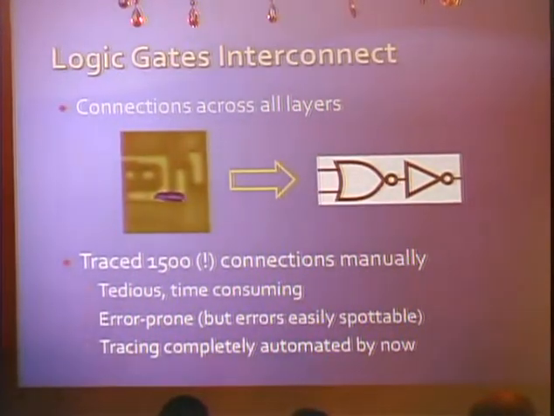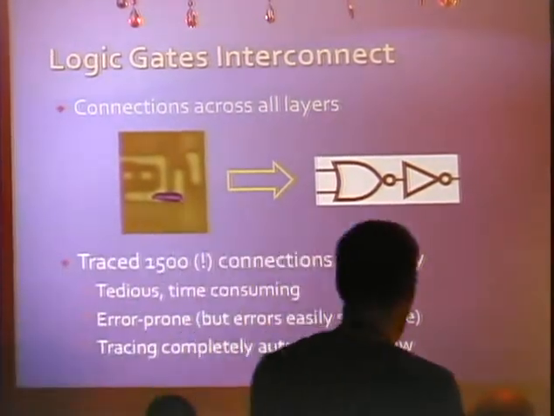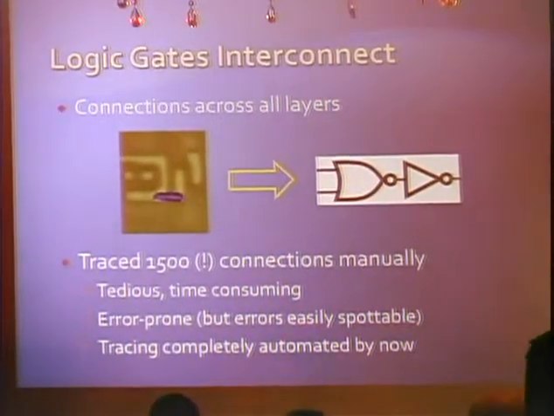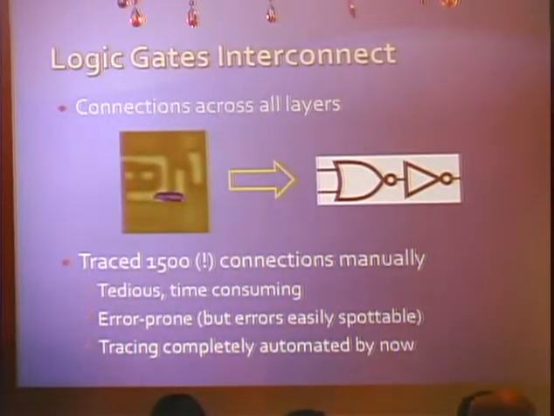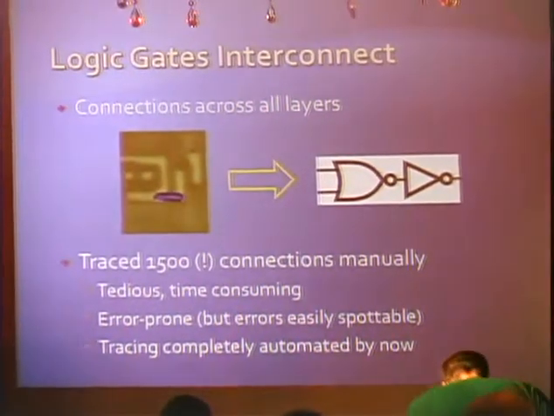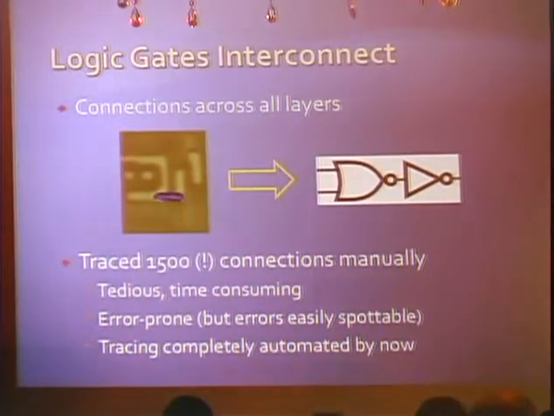Now for this chip that we reversed, we did that manually. It's a tiny chip, so it was still possible, and it was a good way of building some ground truth that we can now build tools that try to get the same results. But it did take a lot of time. We did make a couple of errors, but that wasn't so much of a problem since there's a couple of safety nets.